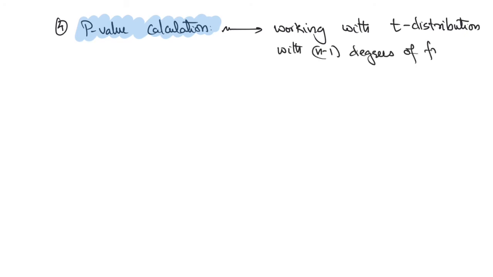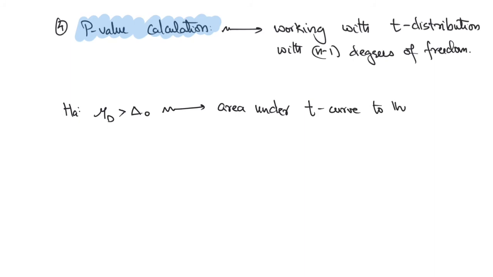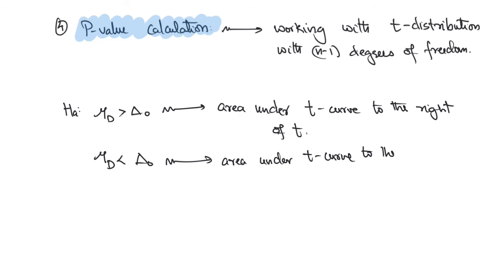The case when mu d is greater than delta 0 corresponds to a p-value calculated as the area under the t curve to the right of the test statistic t. In the case of the lower tail test, we look at the area under the t curve to the left of the test statistic t.